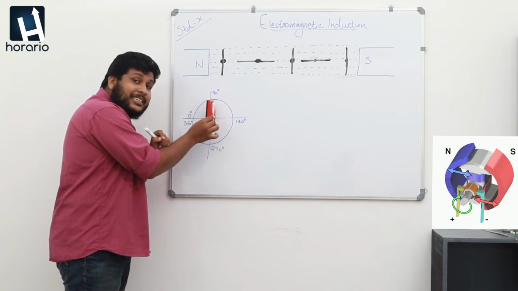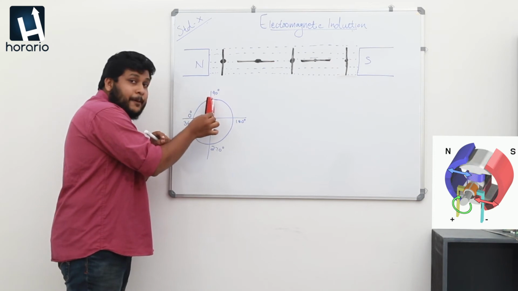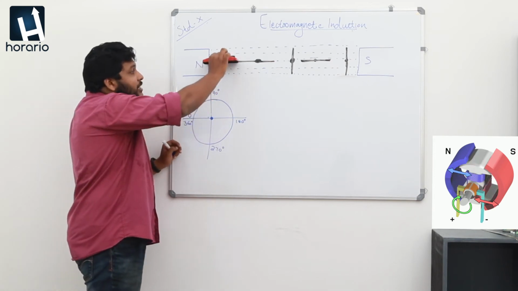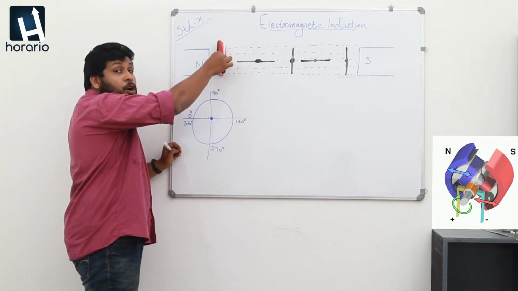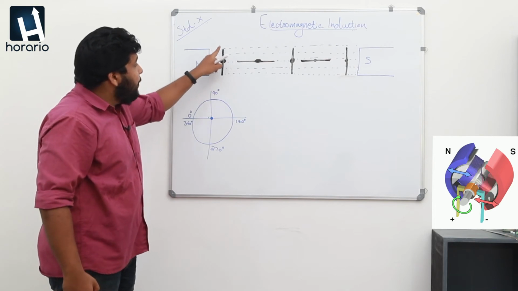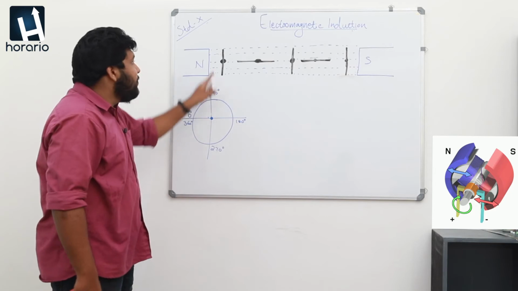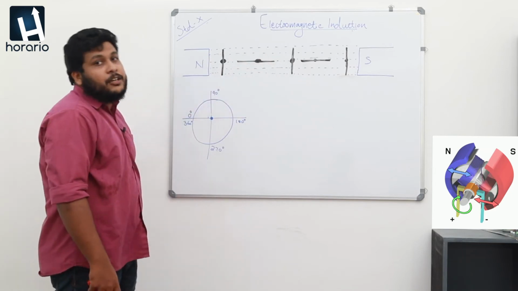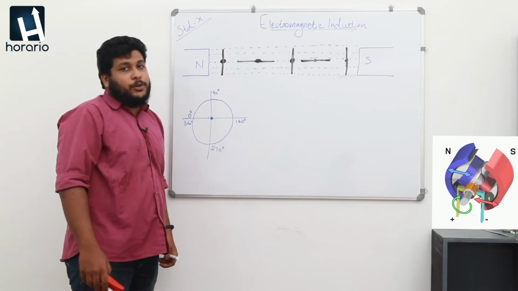So what change happens here? From 0 degree to 90 degree, the flux linkage changes to maximum. From here you can know that when the armature is placed in the perpendicular direction, maximum flux linkage is possible, which means the maximum amount of current can be produced.